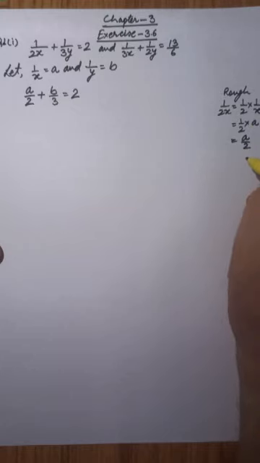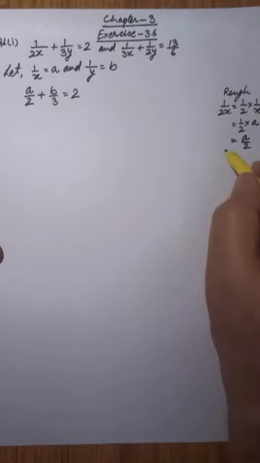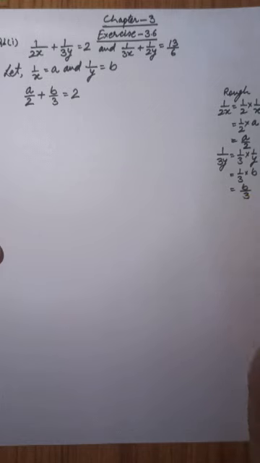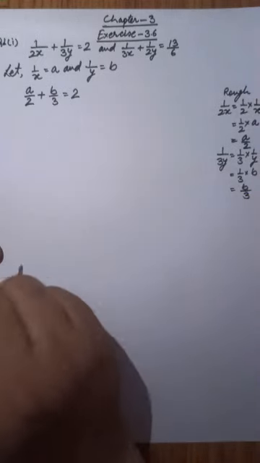So it is a upon 2, not 2a. Same in the other one, 1 upon 3y is 1 upon 3 into 1 upon y, that is 1 upon 3 into b, and that is b upon 3.